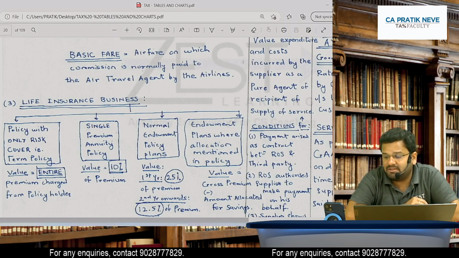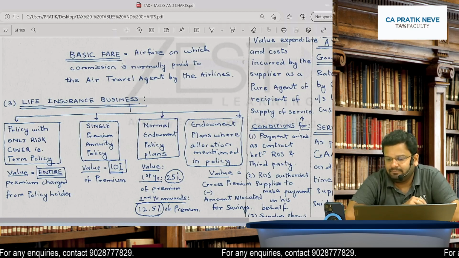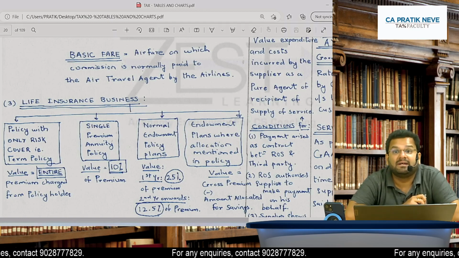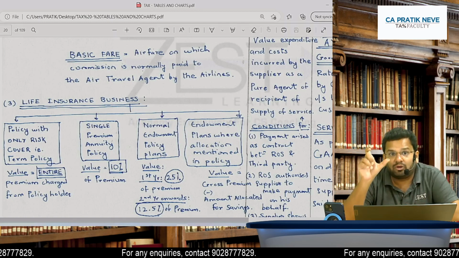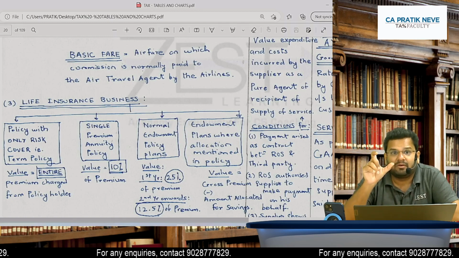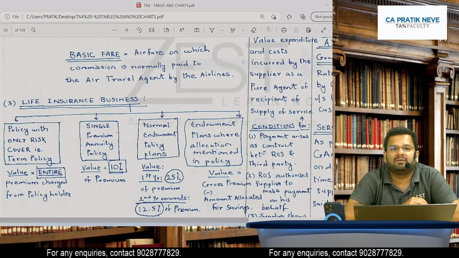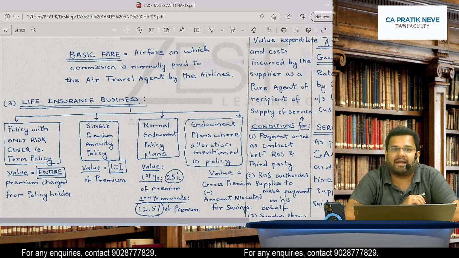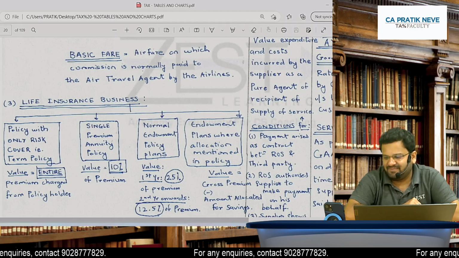Their premium is, Anisha, 5,000 lakhs. Do you agree? Yes. So government is saying in the rules that out of 5,000 lakhs, value will be 25%. So value will be 1,250 lakhs. Do you agree? Yes, no?